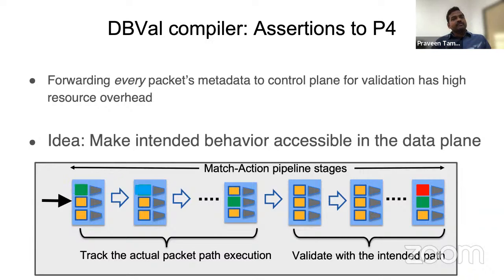Imagine that the packet was as expected till the first two boxes, but it went wrong at the third, in the subsequent stages. Then the validation module would validate the path the packet has taken also in the data plane, and if there is any mismatch, then it would detect that mismatch, report it as an assertion failure, and report it to the network operator or to the control plane.